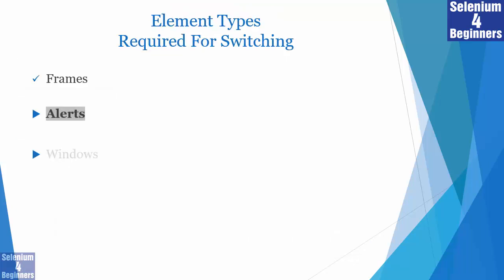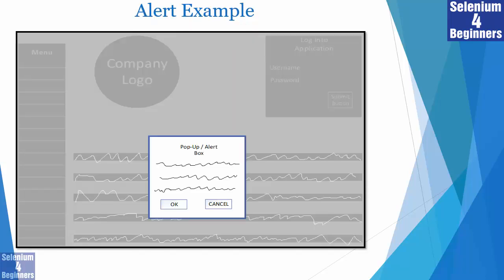The next element that requires switching is alerts. Alerts are better known as pop-up boxes. It's a box that contains a message. In this example, the alert has two buttons, an OK and cancel button. We also see a title that states pop-up alert box with some pretend data between the title and two buttons.